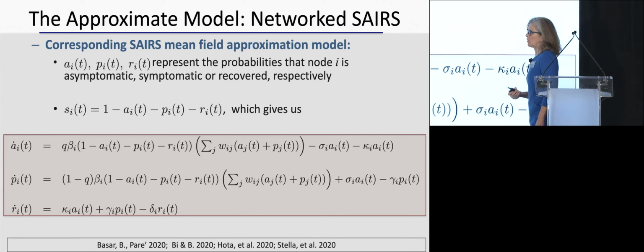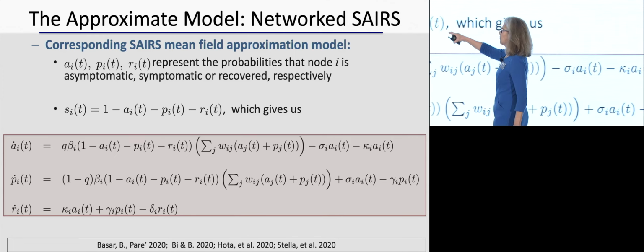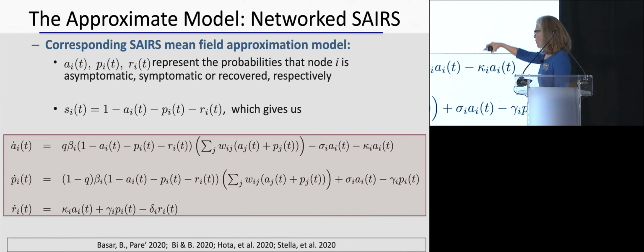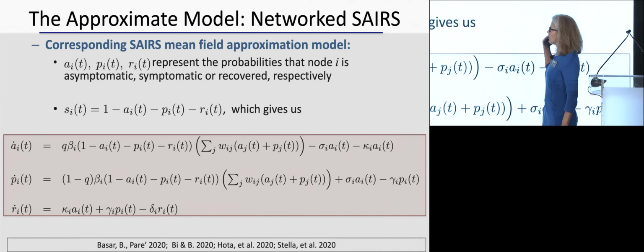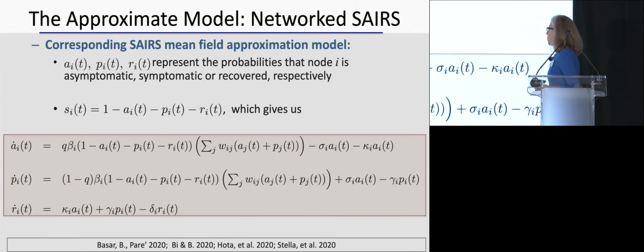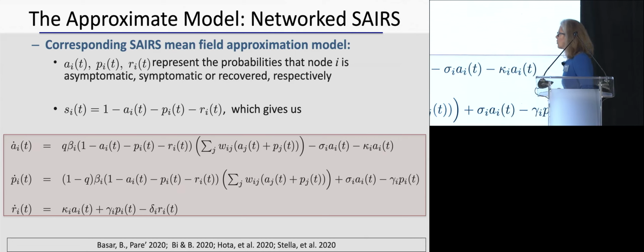There are some details here we're glossing over in terms of how to account for different sizes of populations at each node, but we won't get into that. For each node in the system, we assume there's an SAIR dynamic, and these are the differential equations that govern those dynamics.